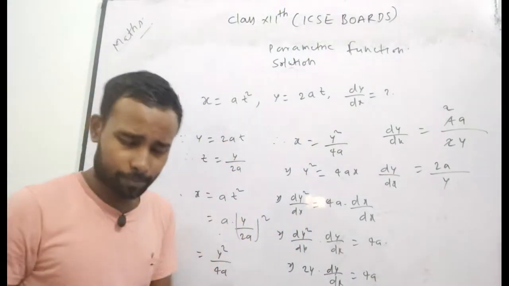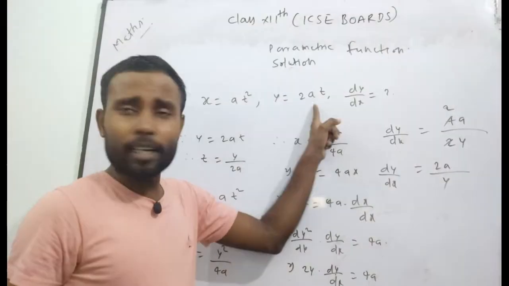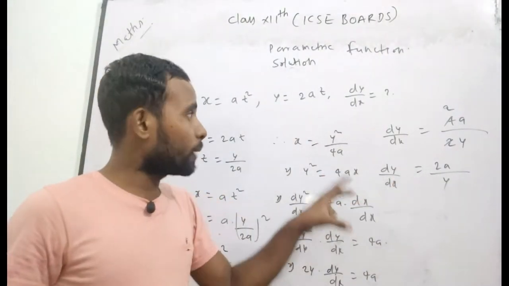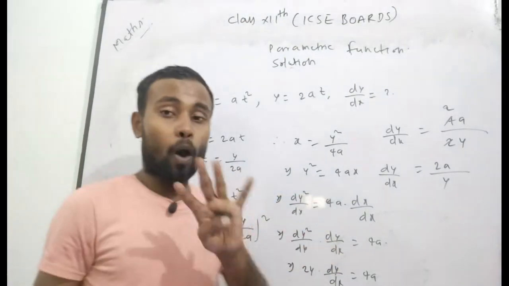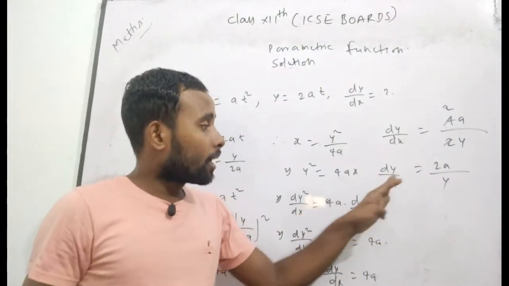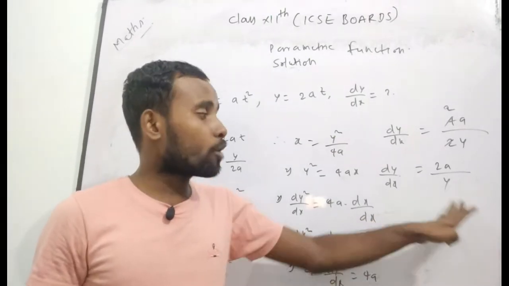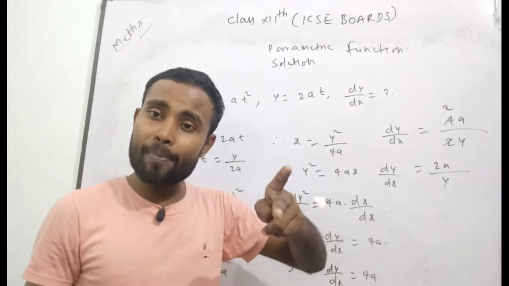But as you know, y is equal to 2at. When you solve by this method, you will always get the derivative of one dependent variable with respect to the other in terms of each other.